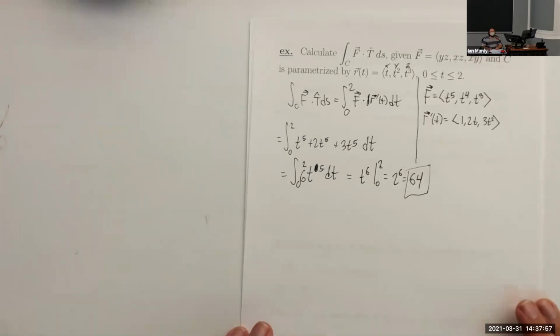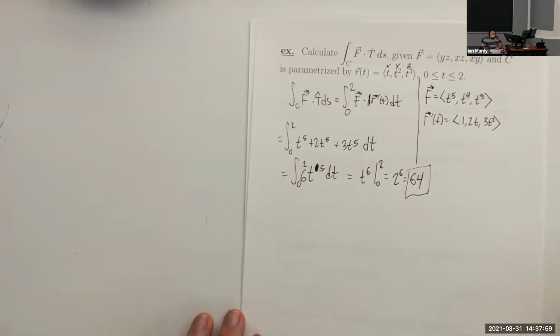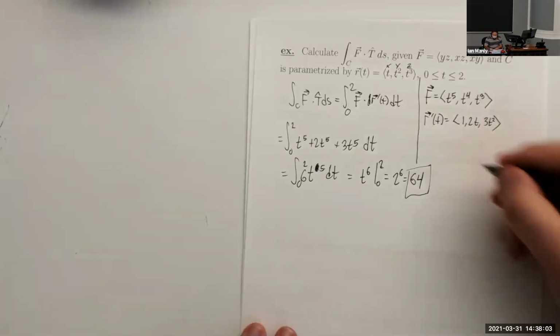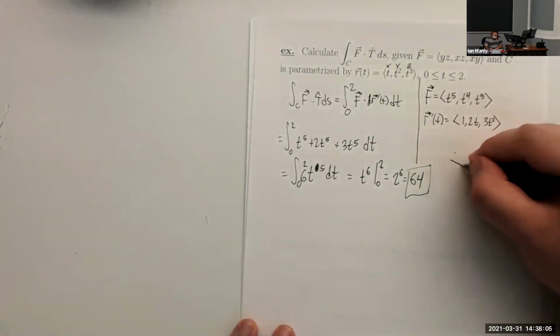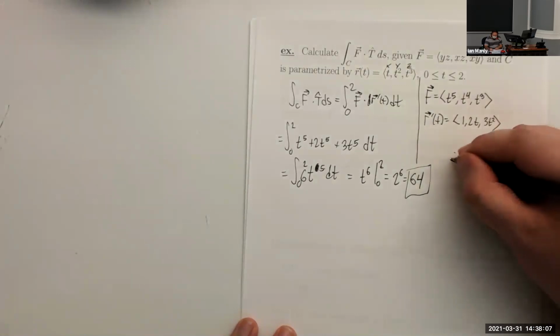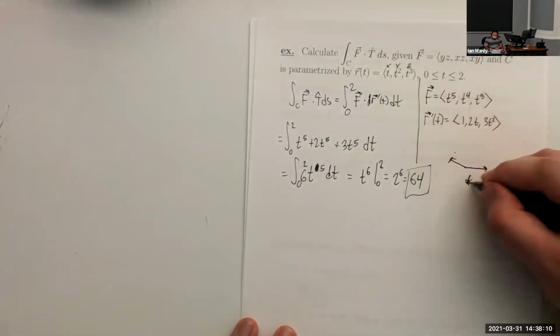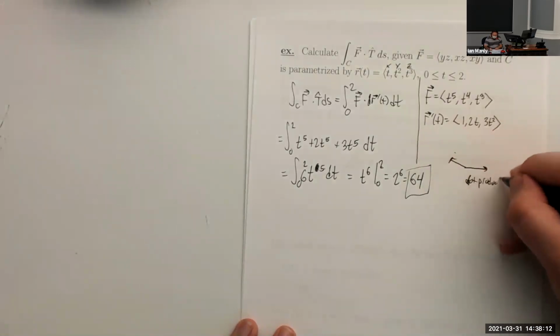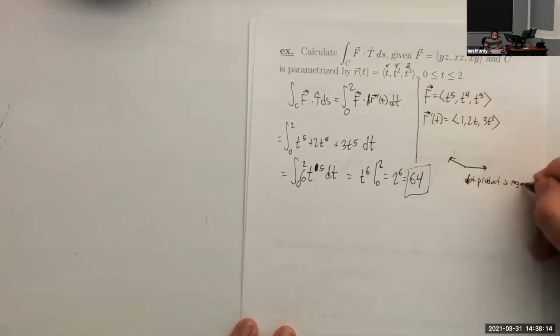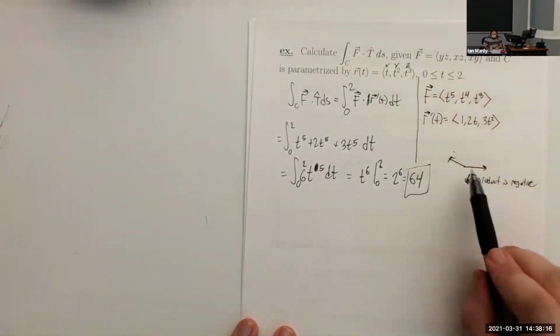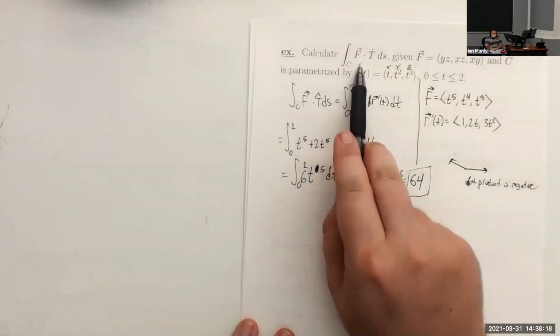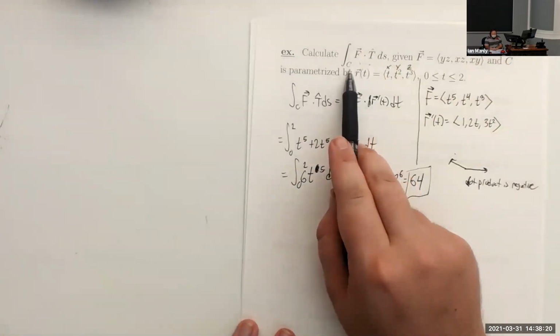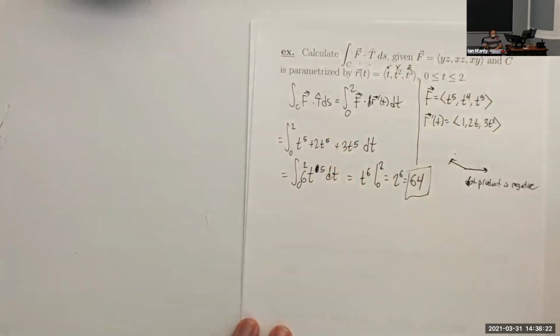Now, one interpretation of the vector line integral you can make is that when two vectors are anti-parallel or close to being that way, so like if we have vectors that look like this, then the dot product is negative. So what this is saying is that more often than not in this curve, the force is going in the direction of the curve.